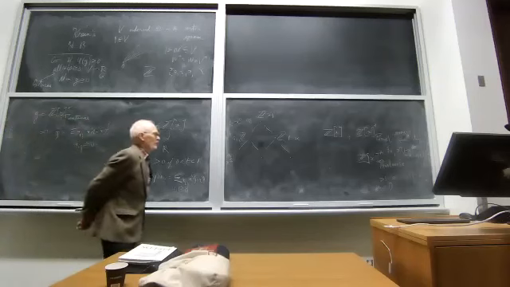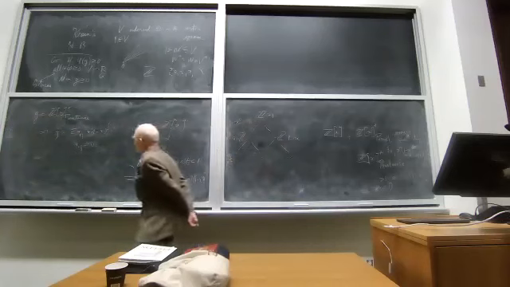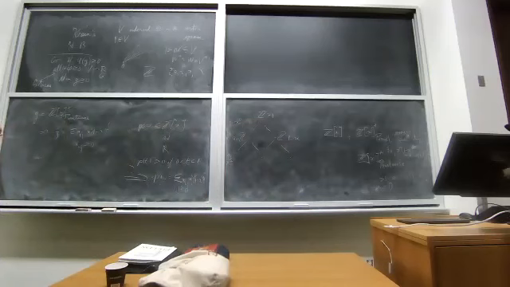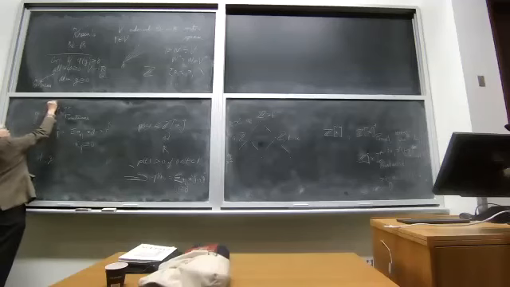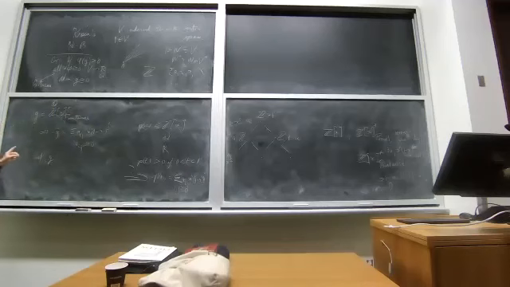I guess these are independent. So what I want to do is look at the two polynomials, 1 and G. That's two polynomials. 1 and G are probably independent, right?